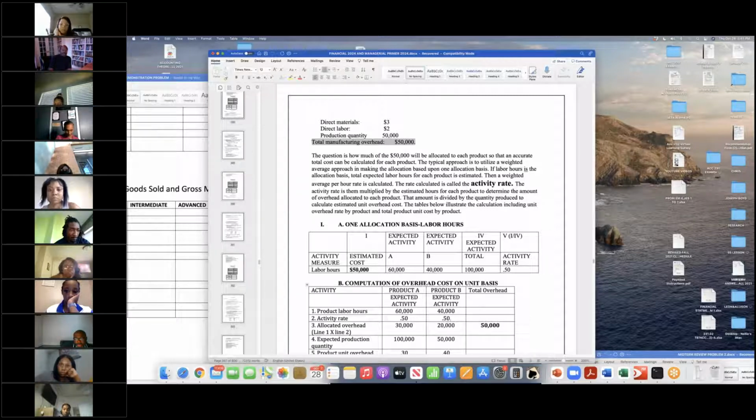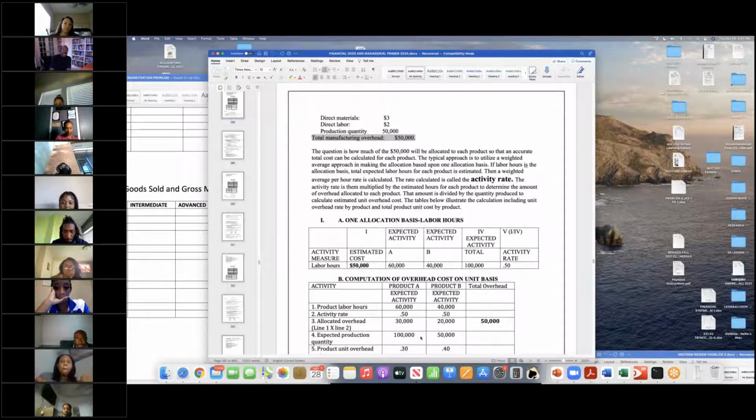We multiply 0.5 times the labor hours in B, we're getting 20,000, adding up to 50,000. So based on this activity rate, a weighted average rate, we've allocated 30,000 of the overhead to A, 20,000 to B, and so our total overhead is now 50,000. Any questions?